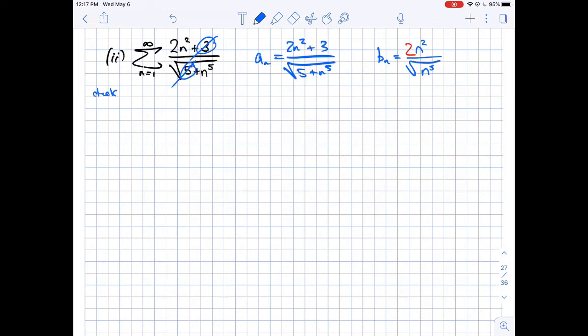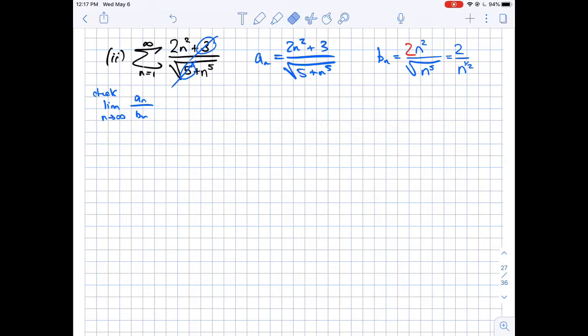So let's check the limit as n approaches infinity of an divided by bn. We want to see, do these two series go to 0 at the same speed? And at the same time, let's not forget, we need to check if bn is convergent or divergent. So here we end up getting 2 divided by n to the power of 5 over 2, and when I take into account this n squared in the numerator, I have just 2 divided by n to the 1/2.